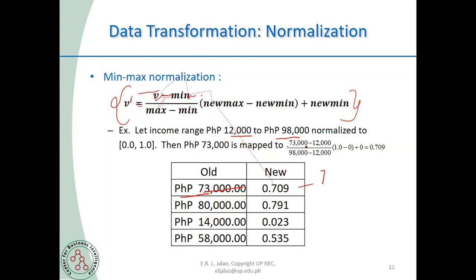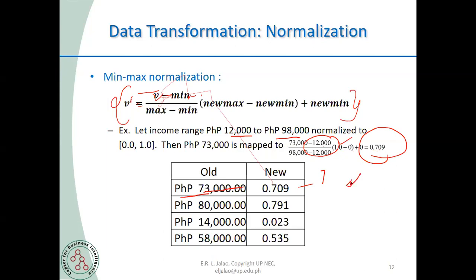So we have 73,000 minus 12,000, since 12,000 is our minimum value for our data set, and its range is 12,000 to 98,000. So 12,000 is our minimum value, and then divided by 98,000 minus 12,000, times 1 minus 0, plus 0, is equal to 0.709.